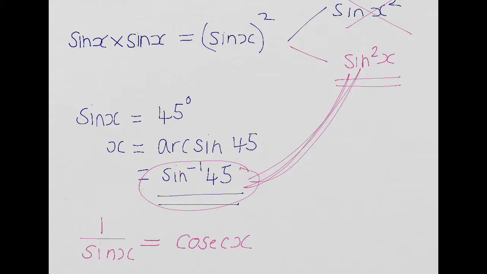So if you add, the opposite is subtract. So for the reciprocal of sine x, 1 over sine x, we have to write that differently. And so we write it as cosec x.